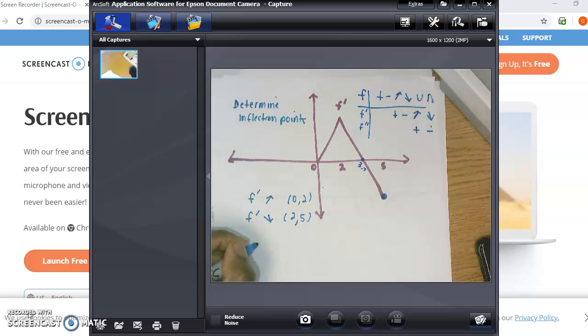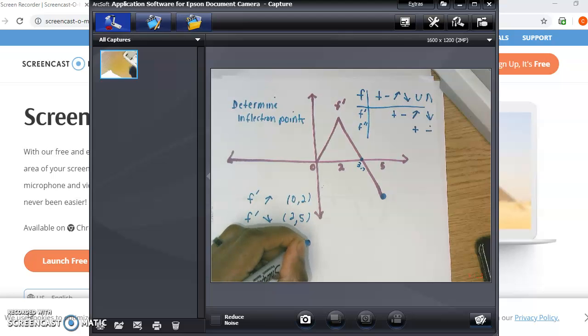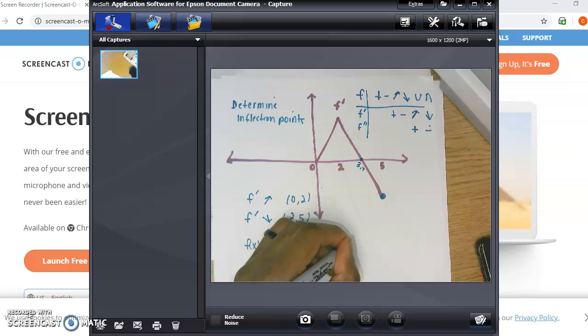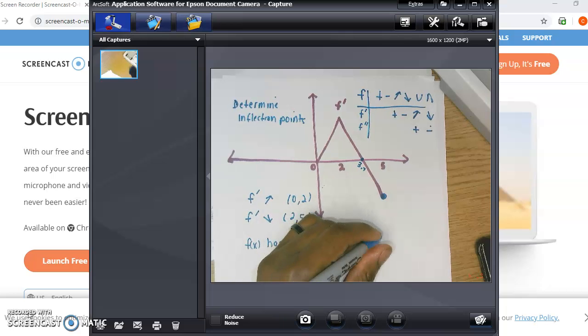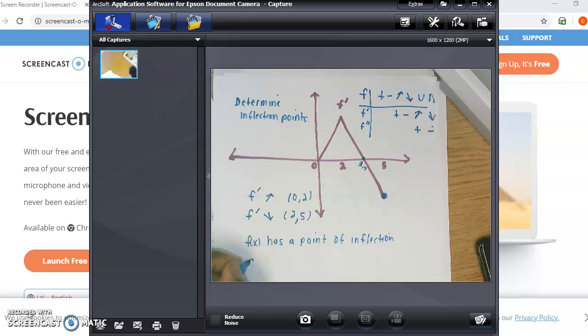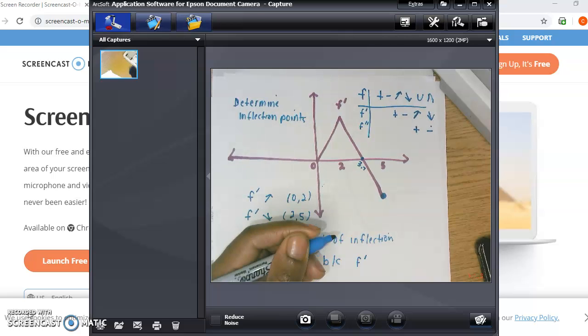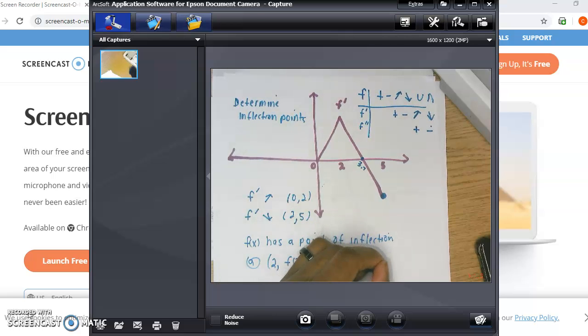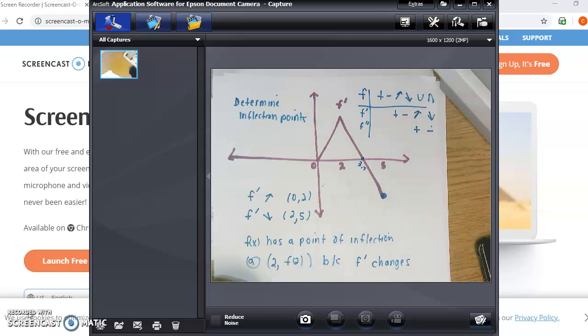So f of x has a point of inflection at 2 comma f of 2, because f prime changes from increasing to decreasing.